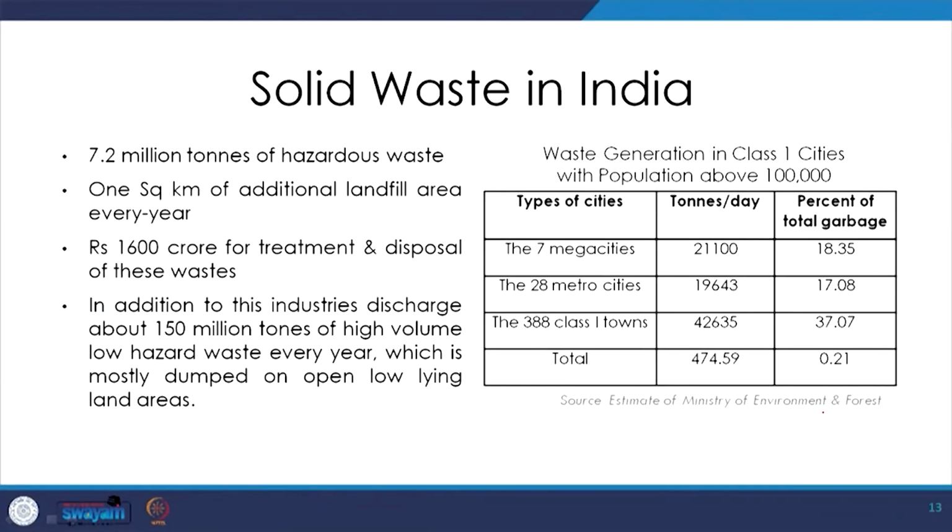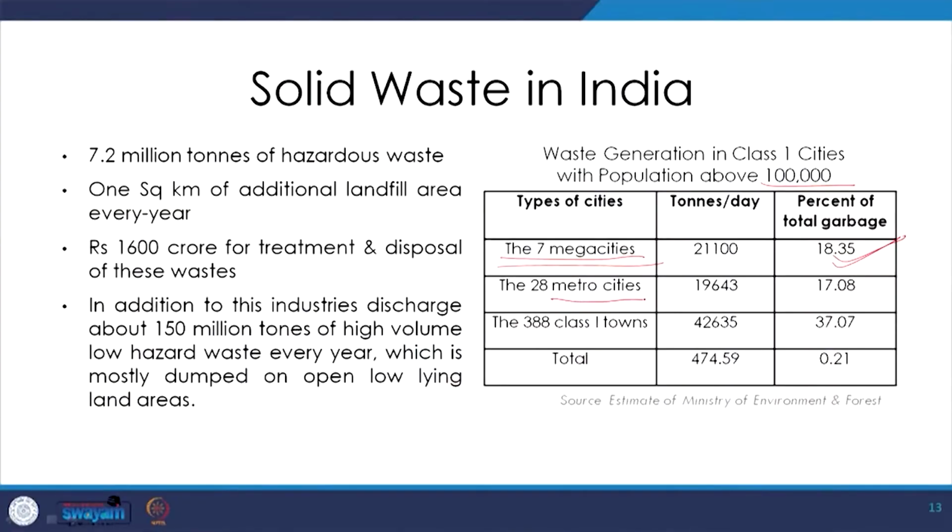If we look at the waste generation in class 1 cities with population above 1 lakh, we see that 7 megacities in India are responsible for around 18.5% of the total landfill, which is alarming. The bigger the city is, the higher the rate of waste generation per day, and the overall percentage of waste generated.